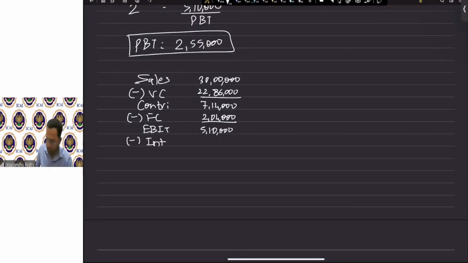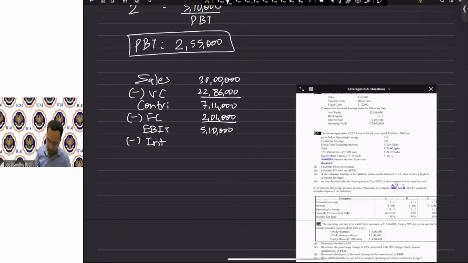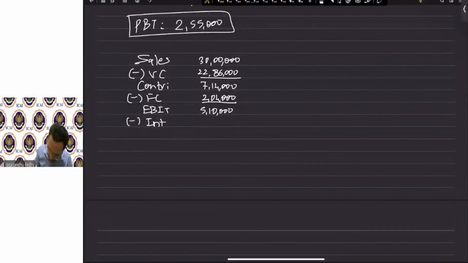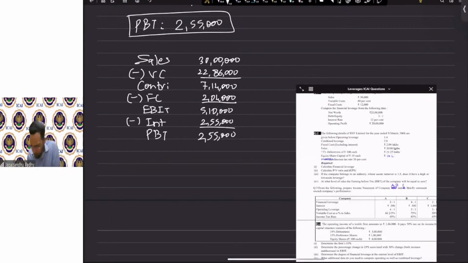From that, you are going to pay the interest. Interest is something which we haven't computed, but we have the figure for profit before tax, which is 2 lakh 55,000. It means interest will be 2 lakh 55,000, right?